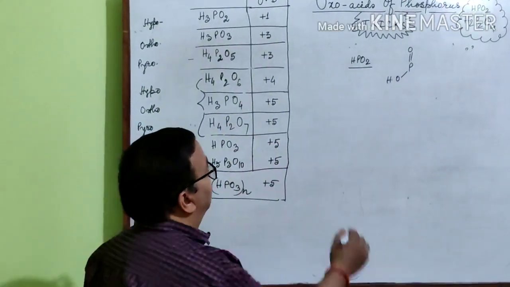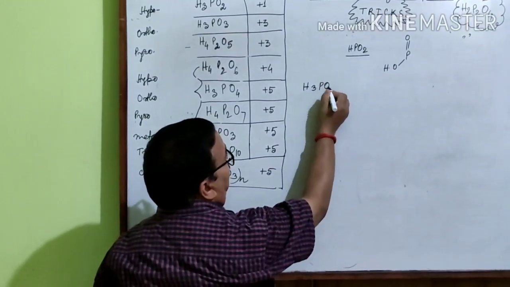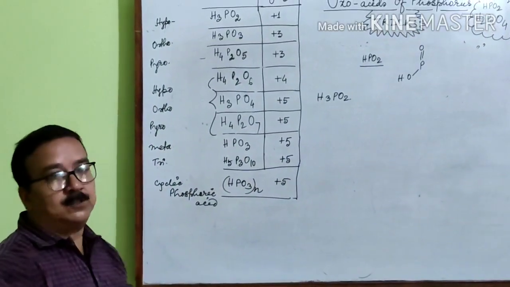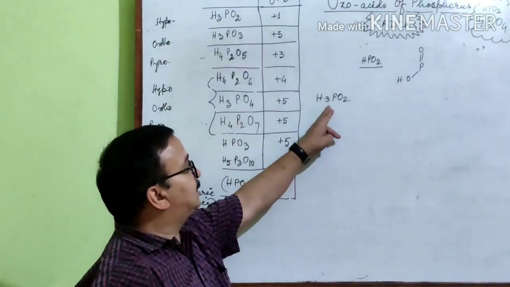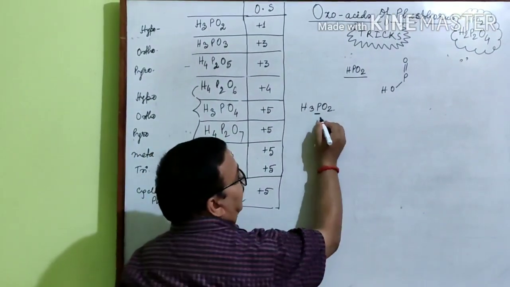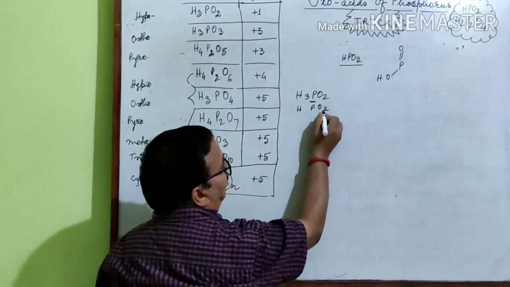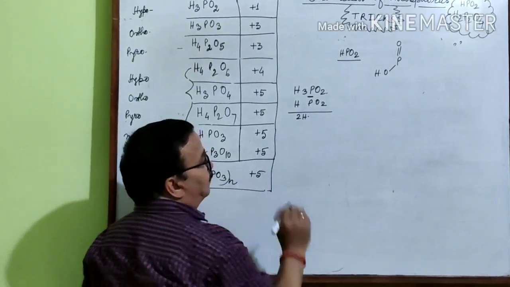For example, we have to draw the structure of H3PO2, the molecular formula of hypophosphorus acid. One phosphorus atom is present, therefore subtract HPO2. What is remaining? Only 2H is remaining.